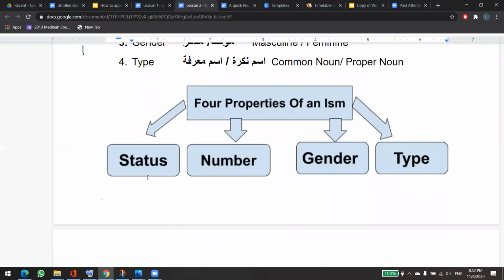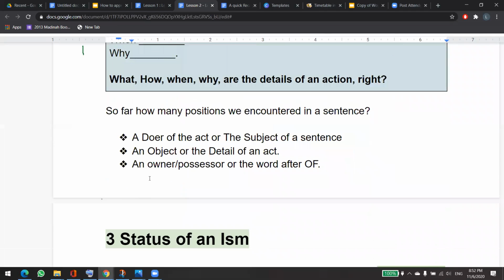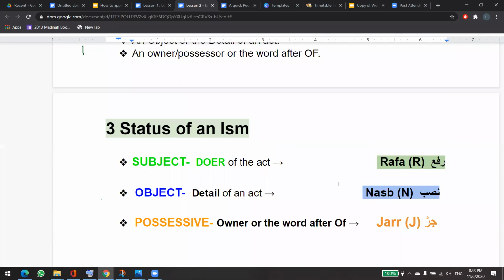And then in status, we learned again 3 types of status: Rafa, Nasab, and Jar. If an ism is the doer of an action, then its status is Rafa. If there is no action in that sentence, then the subject of that sentence is Rafa in status.